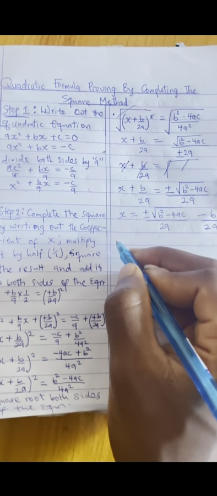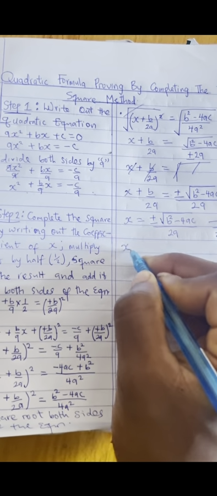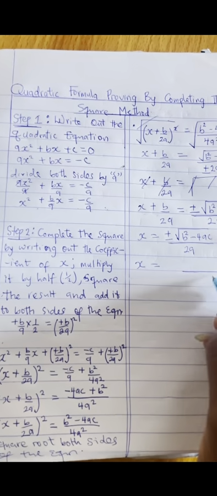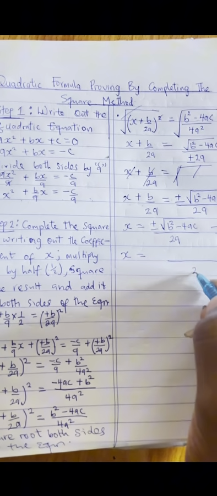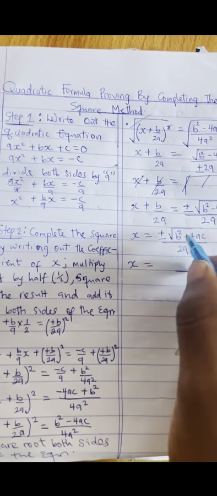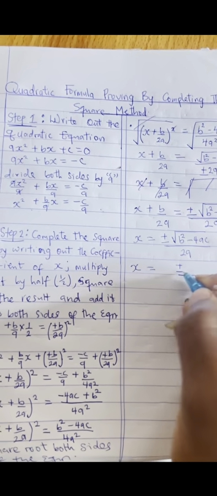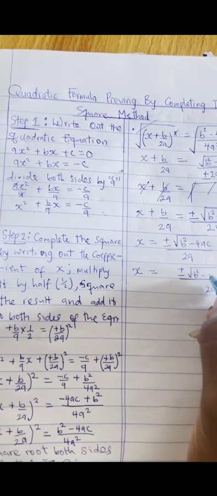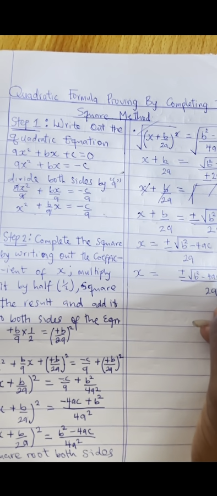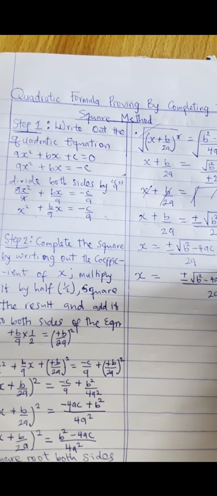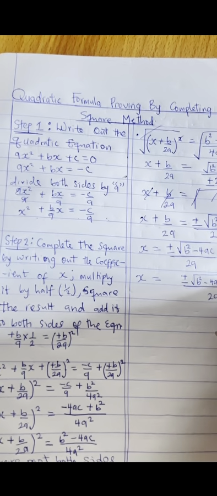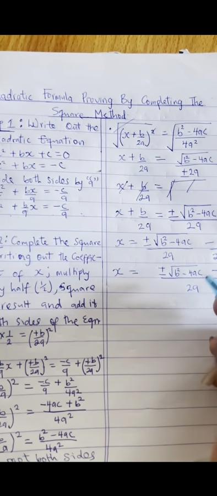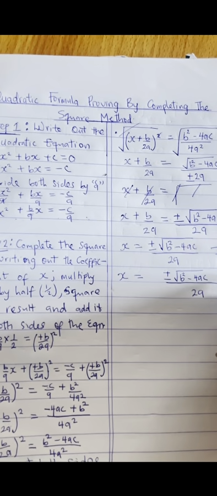So x will then equal, I will look for the LCM, that will still be 2a. Removing 2a from 2a, I'll be left with plus or minus square root b squared minus 4ac, and then 2a from 2a will also leave minus b, because 2a from 2a will be 1, and 1 times minus b is minus b.